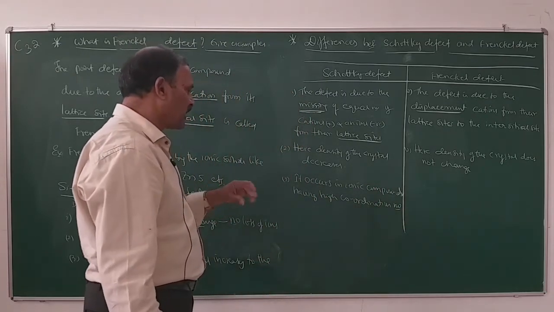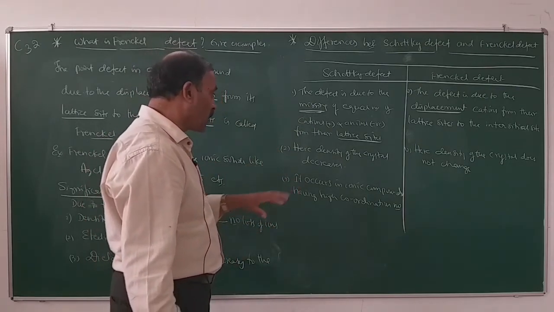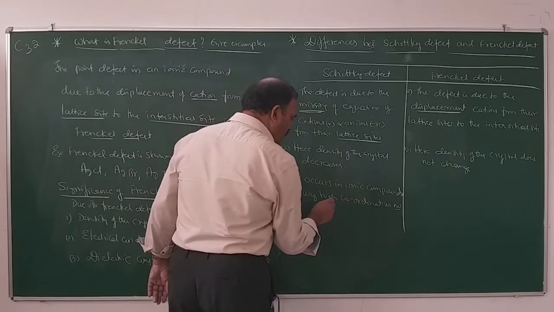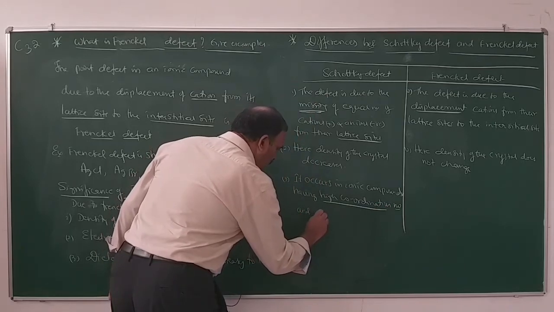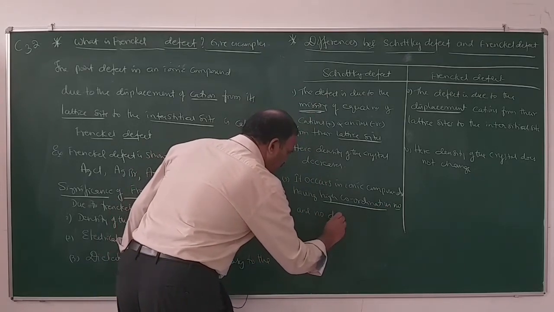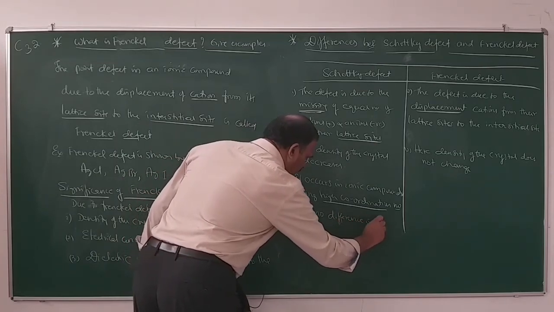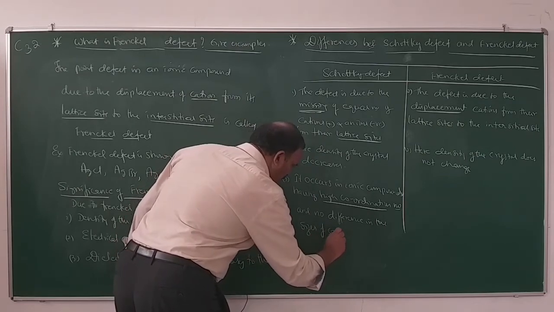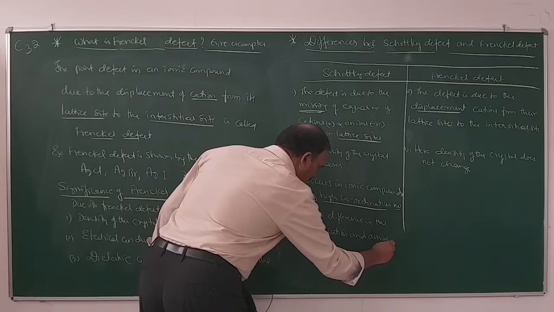Coordination number means the number of particles around each particle. It occurs in ionic compounds having high coordination number and no difference in the sizes of cation and anion.